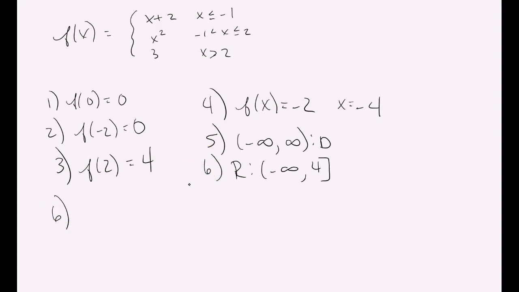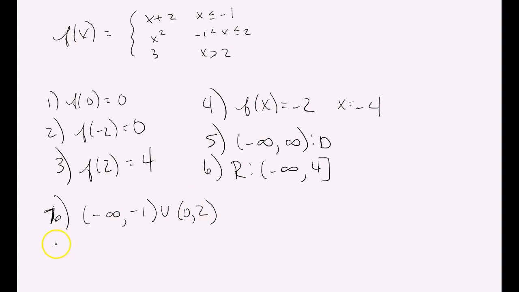Okay, number 7, for what values are you increasing? So for number 7, it's definitely going up in the beginning, so that would be -infinity, and it looks like it stops increasing at -1. But then it looks like it starts again at 0 until x is 2, okay?